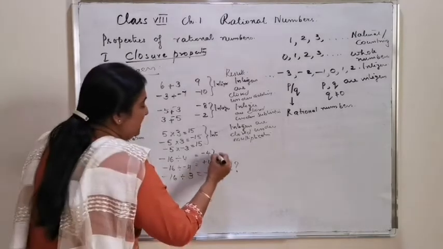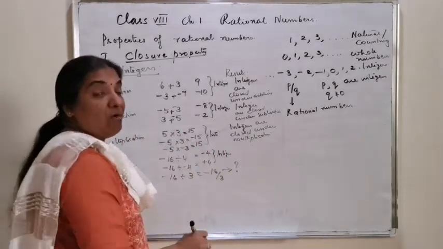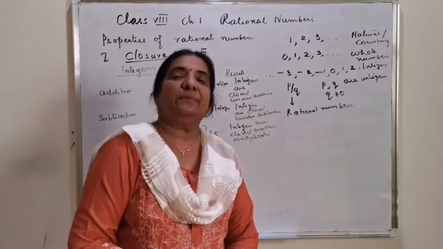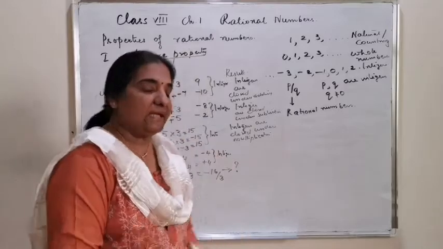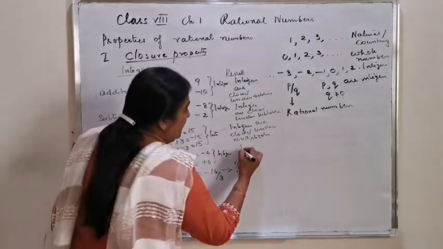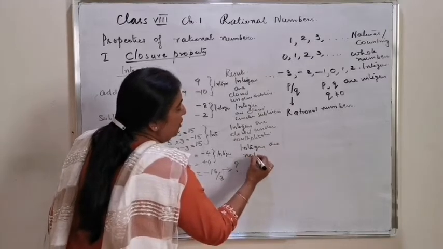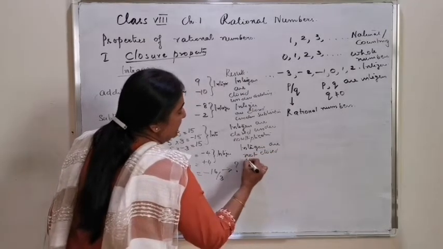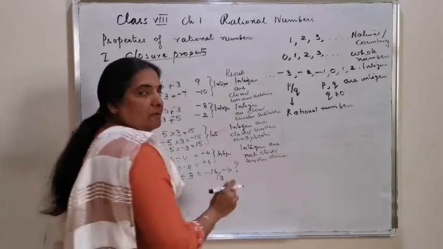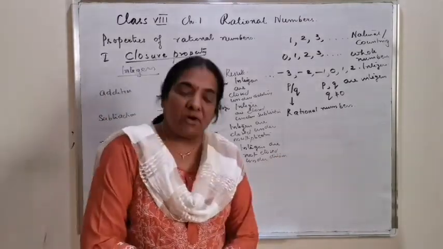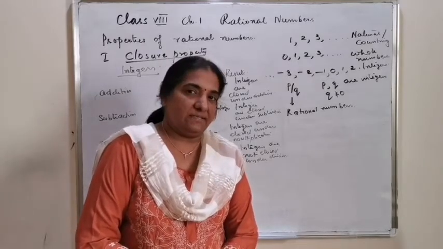No. Even though they are integers, when you divide them by one another, the answer may not be an integer. That is why integers are not closed under division, or the closure property is not satisfied for division of integers.